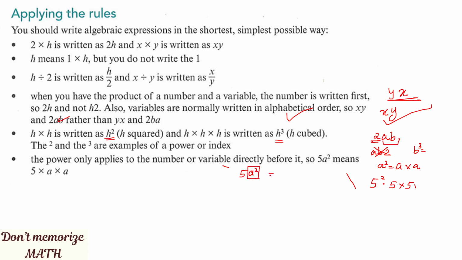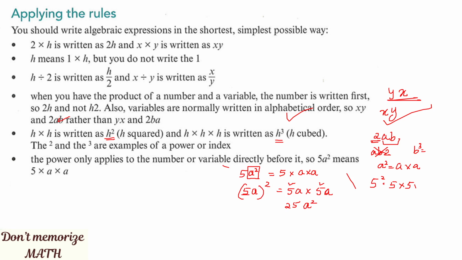So this is the same as 5 times a squared, and a squared is the same as a times a. Suppose we write (5a) whole squared. That means 5a we need to multiply 2 times. So you will get 5a times 5a. 5 times 5 you will get 25, and a times a you will get a squared.